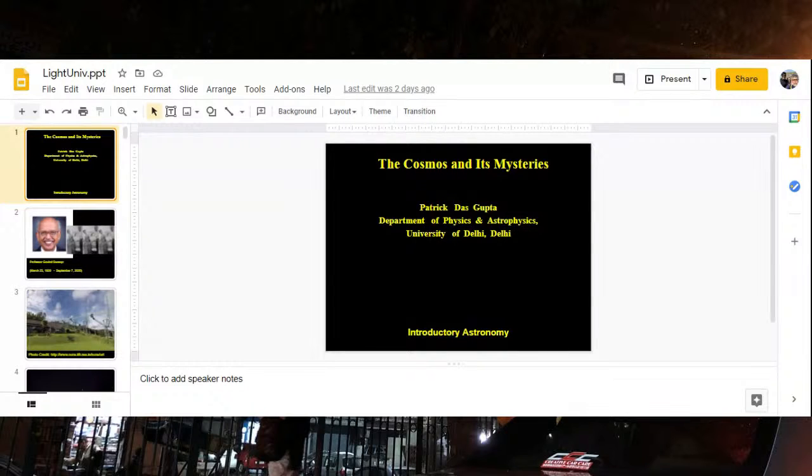Because we still don't know what the nature of dark matter is, at the moment we can't answer why dark matter is so large in mass compared to the baryonic matter.